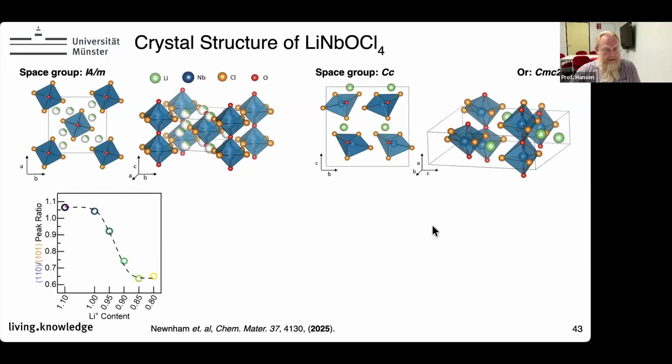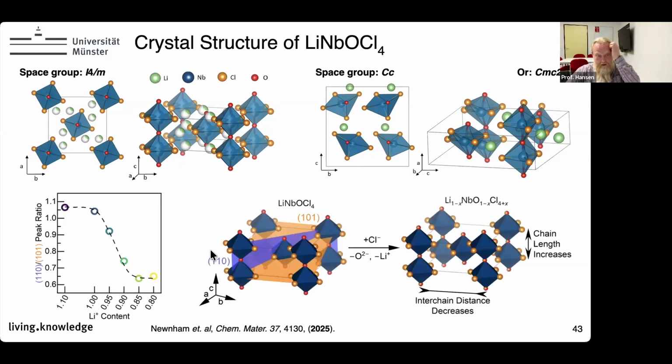So first off, what they've seen from XRD, if you reduce the lithium content here, going from 1, which is the parent compound, or increase it, is that the ratio between the 110 and 101 peak decreases. And what this means on a unit cell level, with the different scattering planes also shown, is that if you add more chlorine, you remove oxygen and lithium.